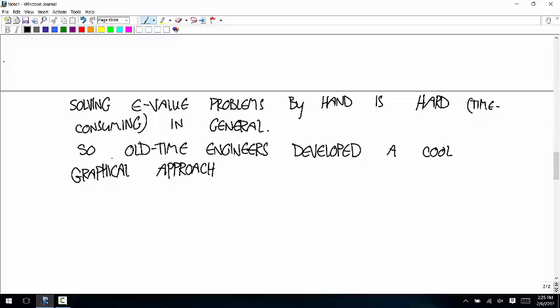People used to have to come up with these ingenious calculation approaches that integrated circuits just came in and just destroyed. A cool graphical approach to solving eigenvalue problems.